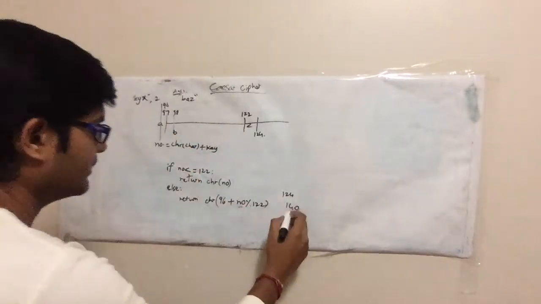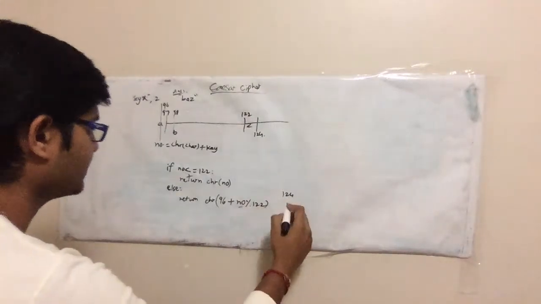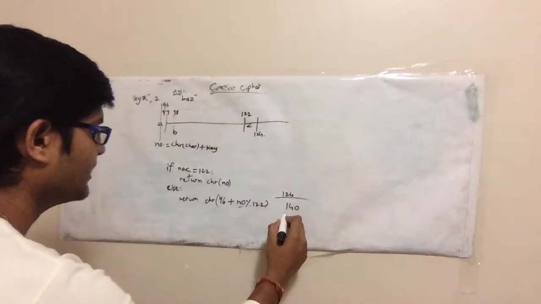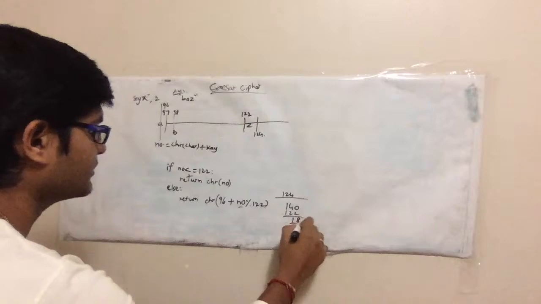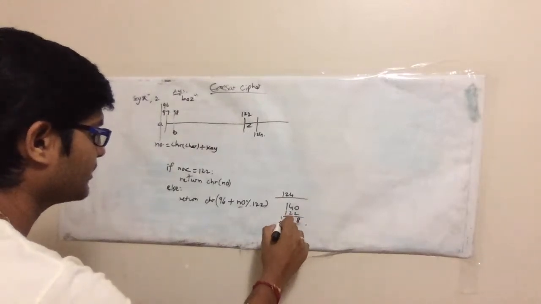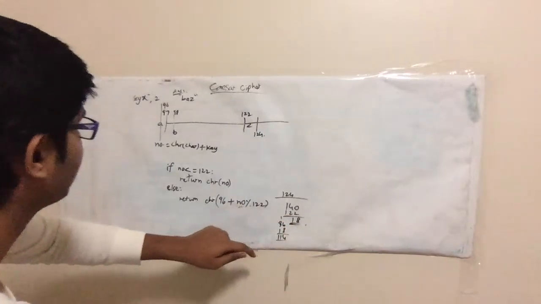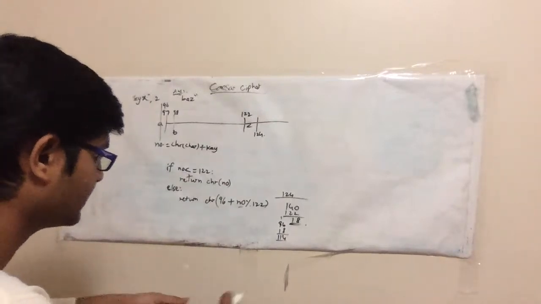That could create an out-of-bound index or a character out of range. How will it work? 140 modulus 122 is 18. 96 plus 18 is 114. So there's no problem for this one.